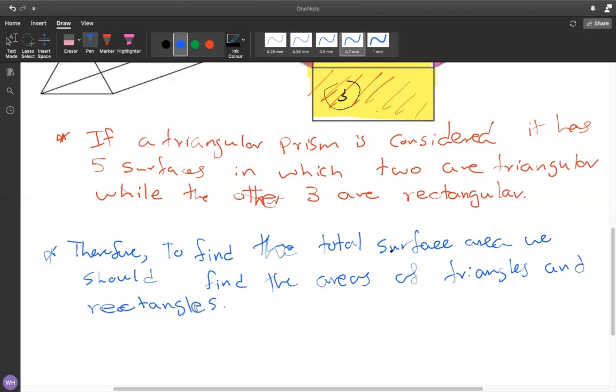Therefore, to find the total surface area, we should find the areas of triangles and rectangles.